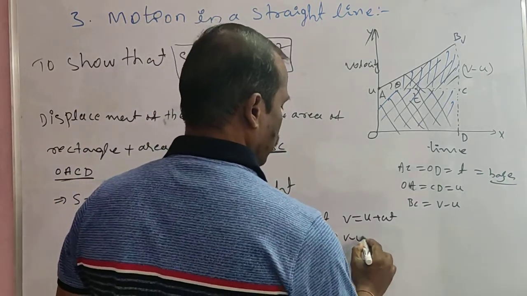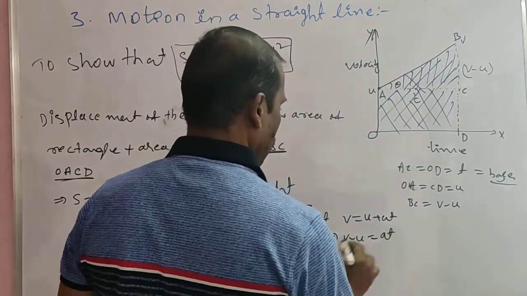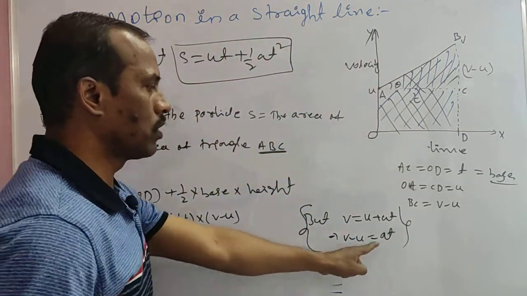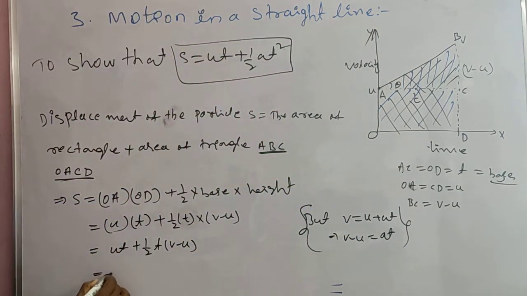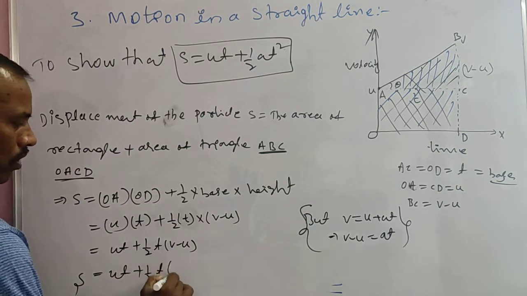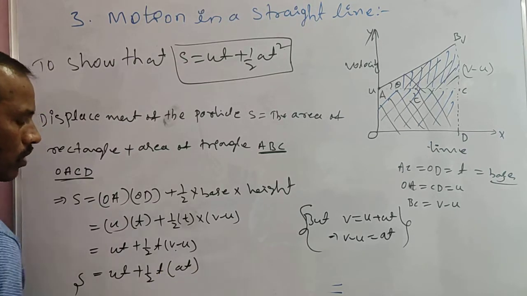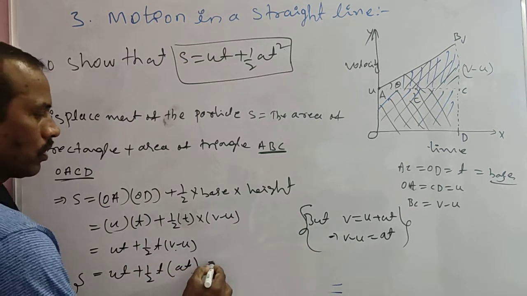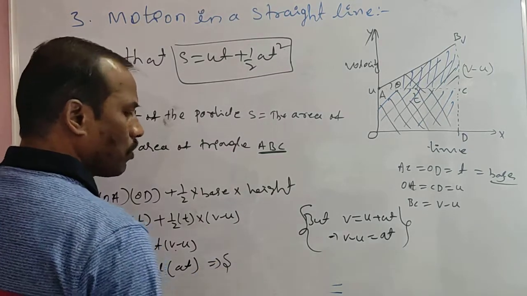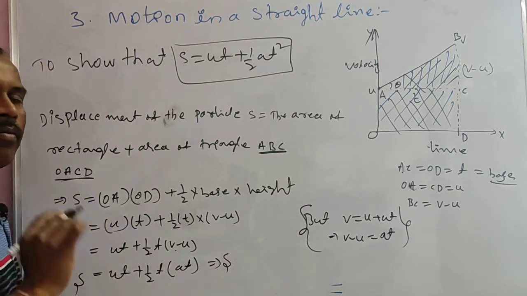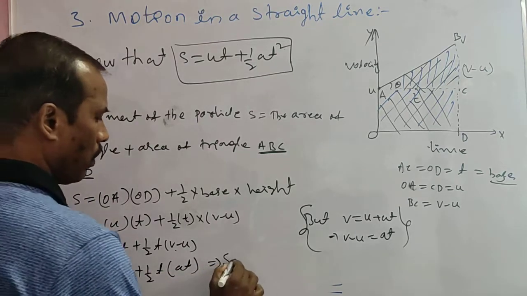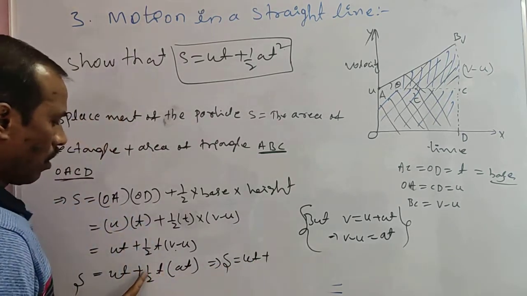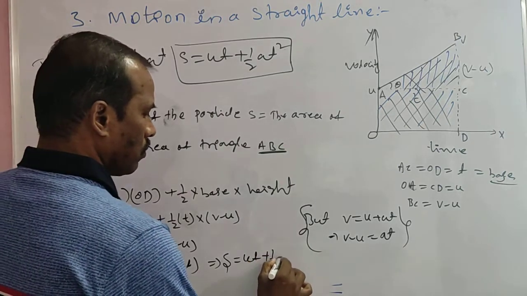Now V minus U is equal to AT. Simplifying one step: UT plus half into T into AT, that is T square. So the displacement of the particle moving with uniform acceleration is S is equal to UT plus half AT square.